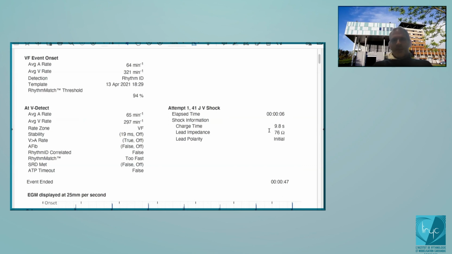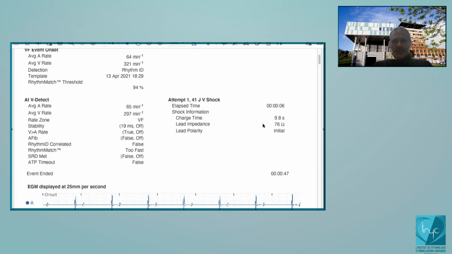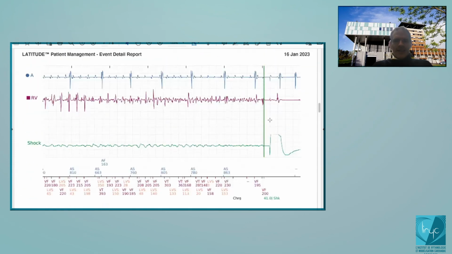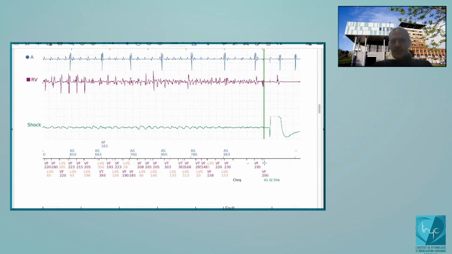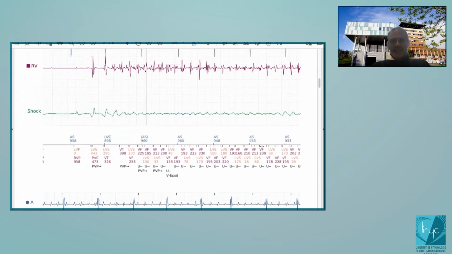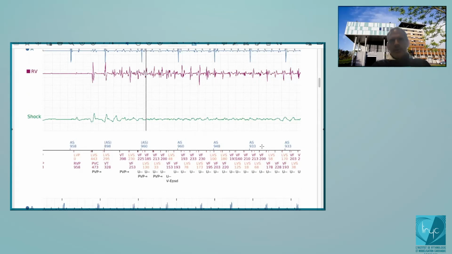So 7 seconds plus 10, 17 seconds. And at the end, then there is the confirmation, a bit less than 1 second. So from the onset of the arrhythmia to delivery of the shock, it's going to be something like 18 seconds. That's the average value if you program this with this 5 second duration.